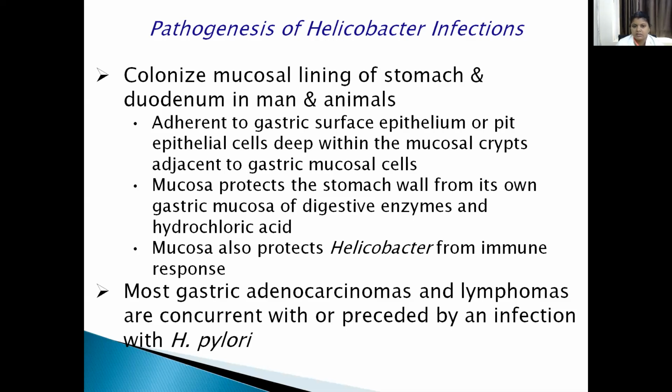It adapted to this habitat and resists the acid pH in the stomach. It adheres to the surface epithelium or pits of the epithelial cells within the mucosal crypts, and is protected from digestive enzymes and hydrochloric acid.